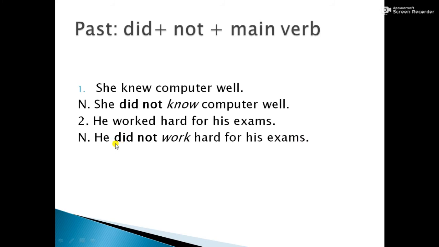Now here in the negative sentence in the past you must use did to indicate the past tense and then use the base form of the verb, that is in this sentence, work.